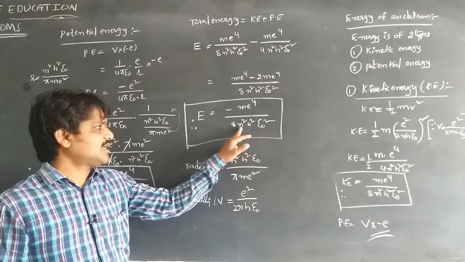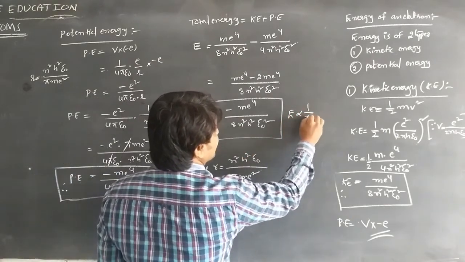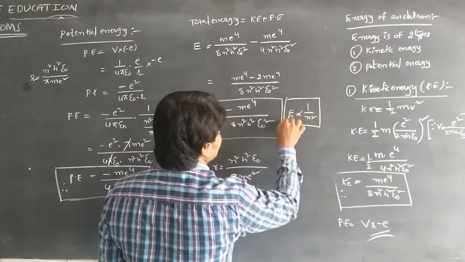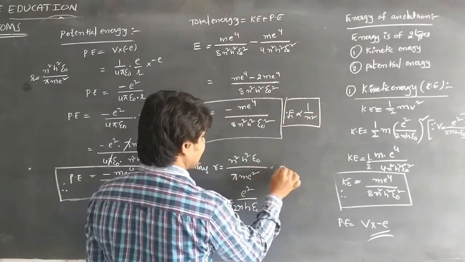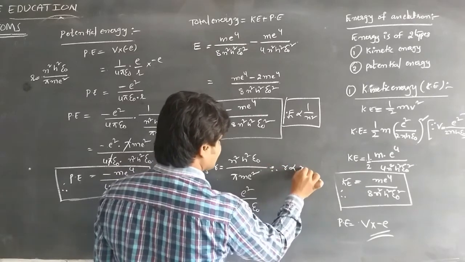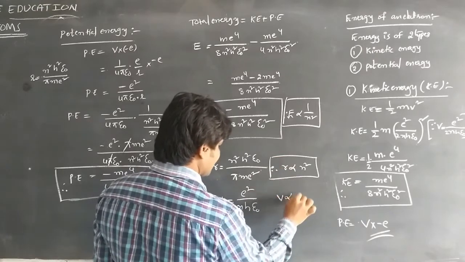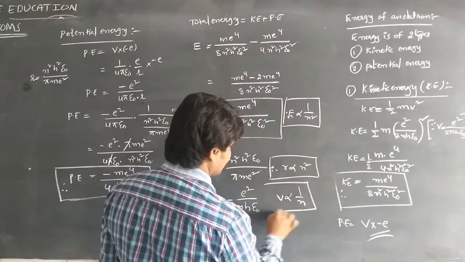It depends on n square, so we can write that E is proportional to 1 by n square. In the case of radius, r is proportional to n square. In the case of velocity, V is proportional to 1 by n.